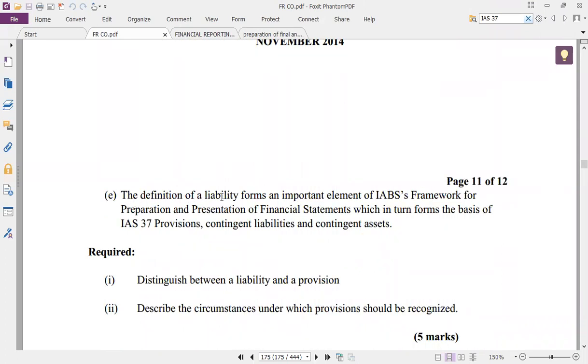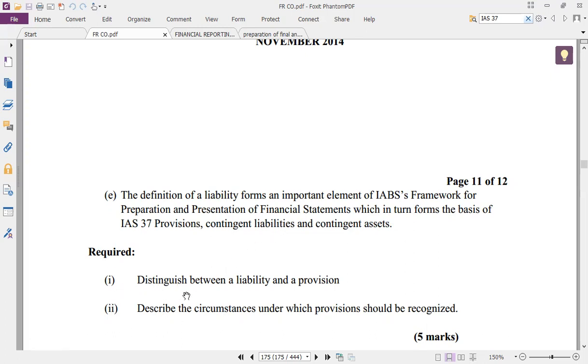The definition of a liability forms an important element of the IAS framework for the preparation and presentation of financial statements, which in turn forms the basis of IAS 37 provisions, contingent liabilities, and contingent assets.